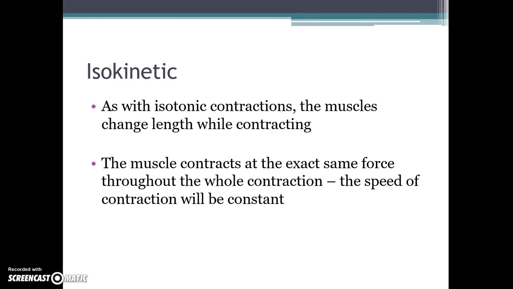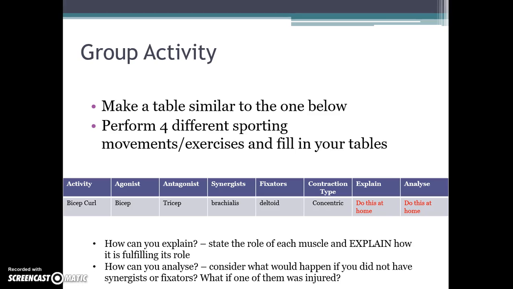Another example is the breaststroke in swimming. You think about your arms going out to the sides, having come out together. Fighting against the water is going to be the same force all the way through. So that is another example of isokinetic muscular contraction.